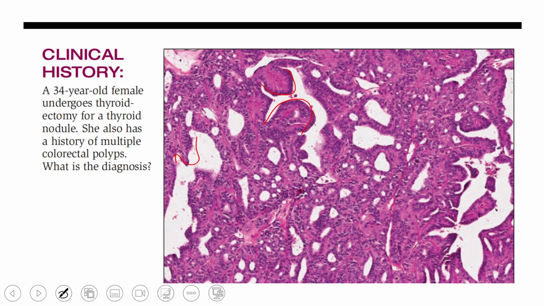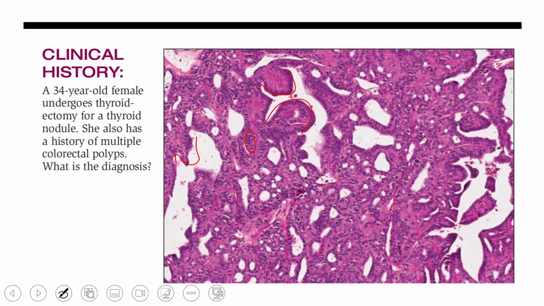There is also a cribriform pattern of growth, and squamoid cells are also present, and there are nests of cells that involve tall columnar or spindle-shaped cells, and also complex branching papillary structures here.